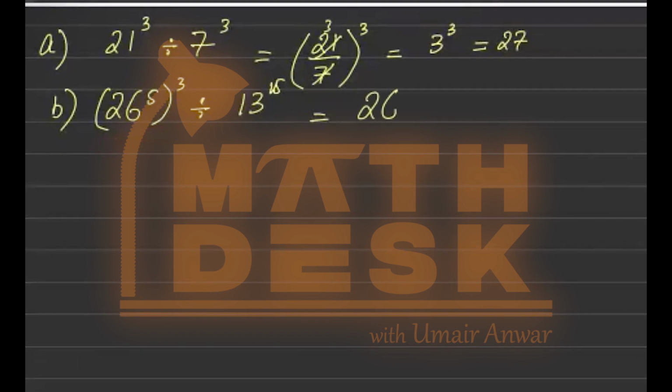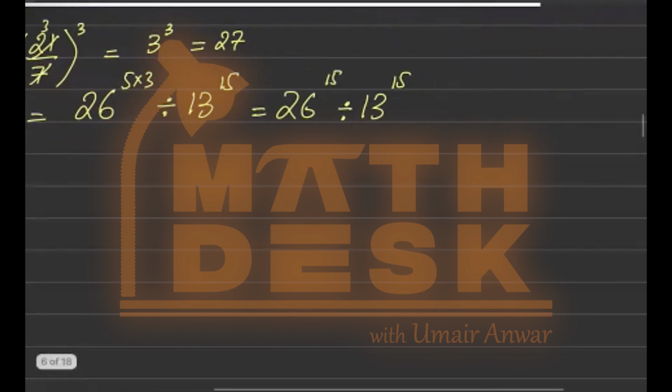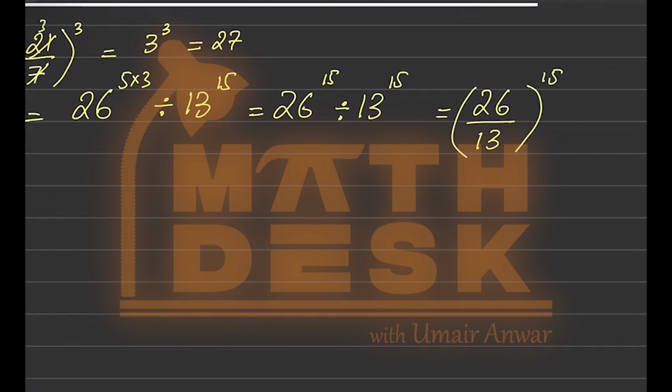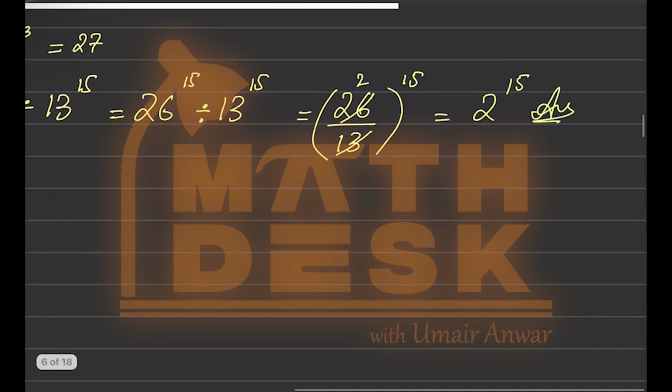So 26 raised to 5 into 3 divided by 13 raised to 15 would become 26 raised to 15 divided by 13 raised to 15. Since the indices are the same, we could write it as 26 divided by 13, raised to 15, which means that 13 would simplify this. So we would get 2 raised to 15 as the final answer.